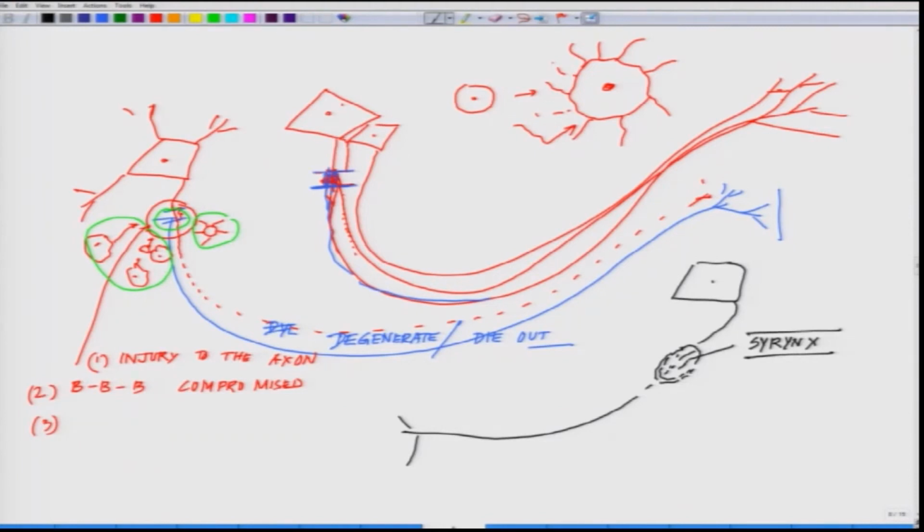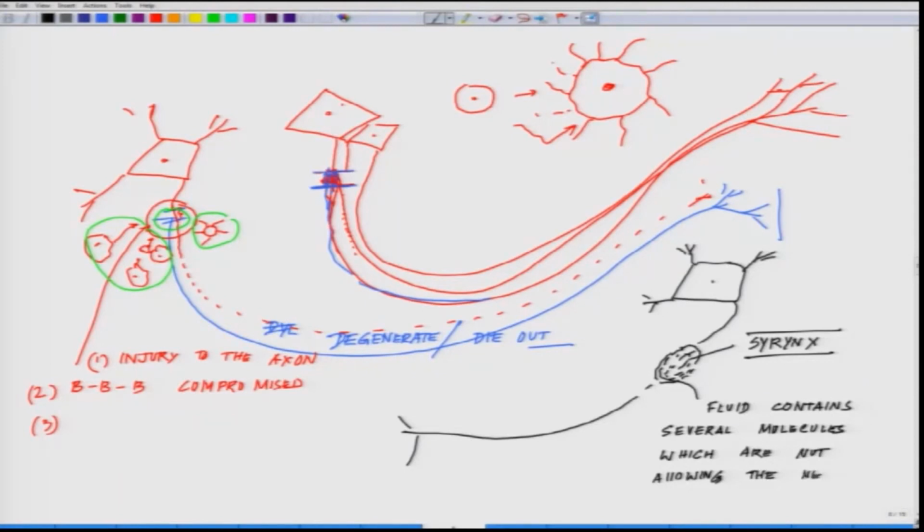Syrinx, interestingly, is a kind of pool of fluid which accumulates there in the spinal cord, which contains several molecules which are not allowing the neuron or the damaged neuron to grow, or in other words, axonal regrowth is prevented.